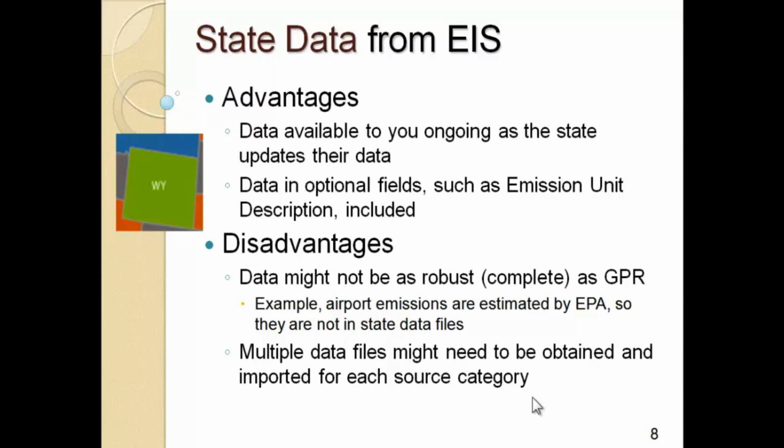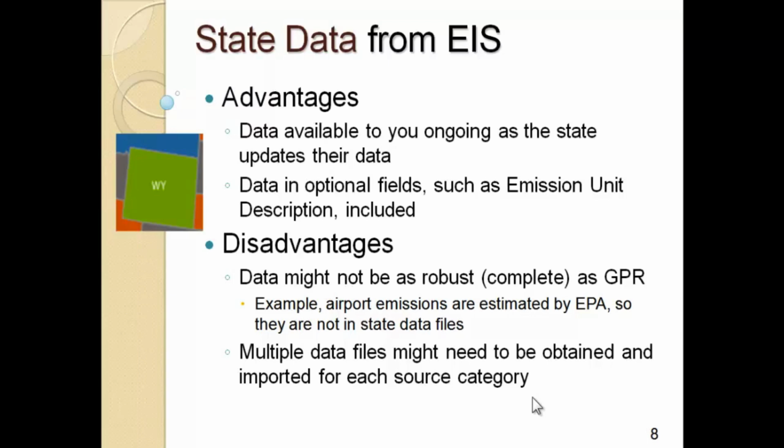So for the state data file, one advantage is that once you have established the sharing agreement with the state agency, the data are accessible anytime. So you can just log into the system and download the most recent updated files. That means that when the data are updated, you have ready access to that data.